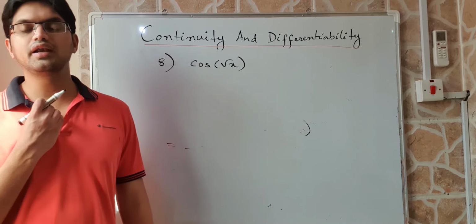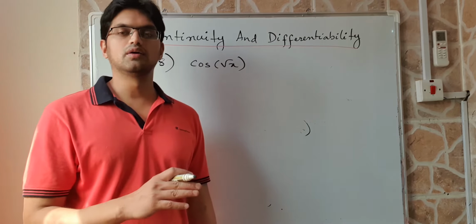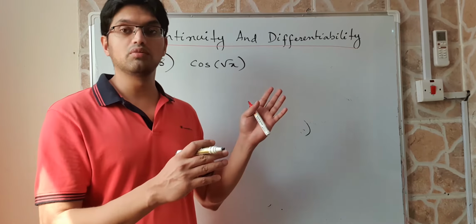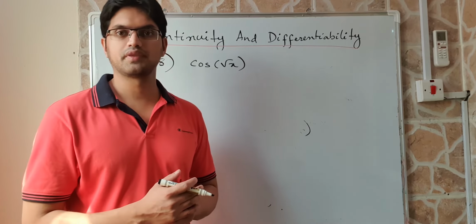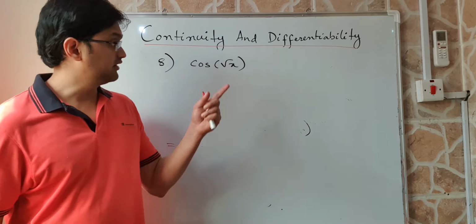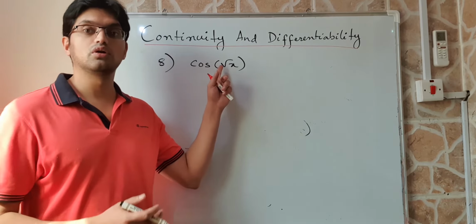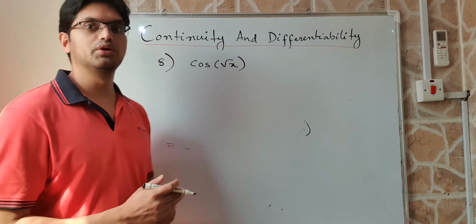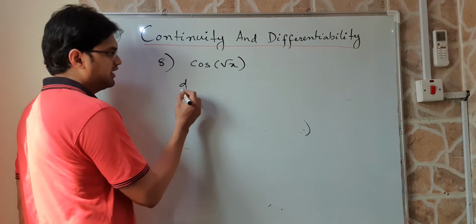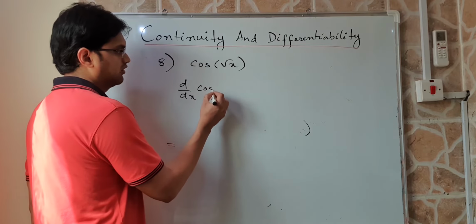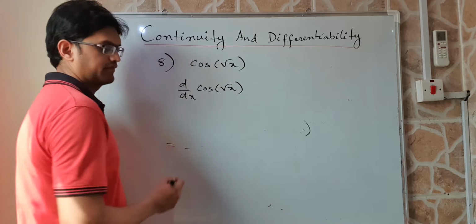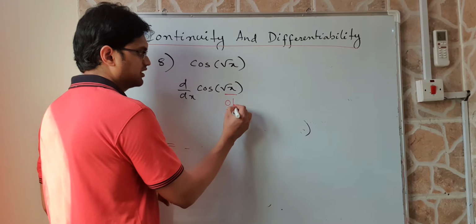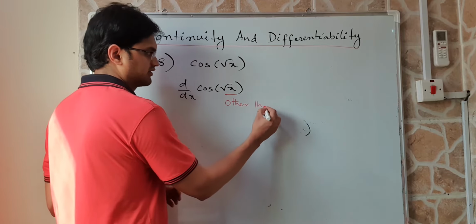First of all, you identify whether this is a problem related to the chain rule or not. Yes, as the angle has changed to root x, it is not direct x. So what will we do? See, d by dx of cos of root x. You write that the angle is something other than x.